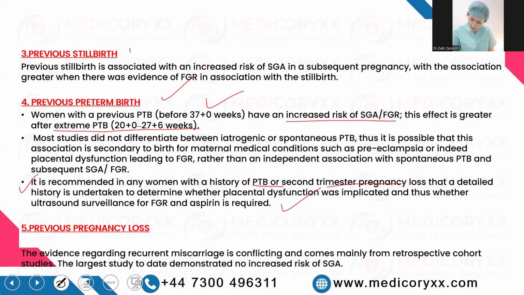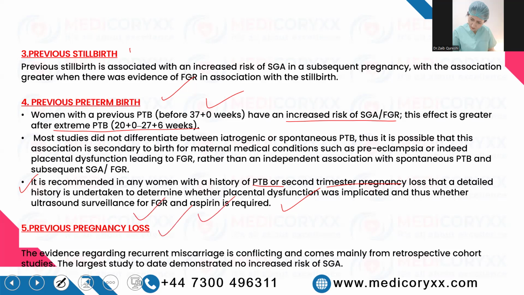We have to deliver the baby, because the pathology is where? In the placenta. So if the preterm birth was because of placental dysfunction, that is another risk factor. This lady requires ultrasound surveillance and then aspirin as well.